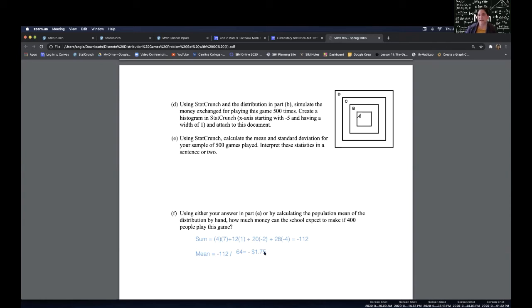So this means that everybody who steps up to this game is expected to lose $1.75. And you might look it up, there were these two guys in, I think it was Arizona, might have been somewhere else, but this bar had put out, hey, we're playing this Keno-like game, and we're going to do it every night for the month of March. And these two guys in the bar computed the expected value just like this, and they found out that the expected value was positive.